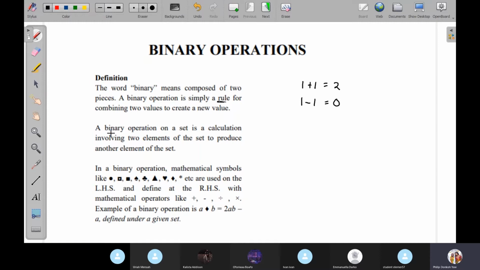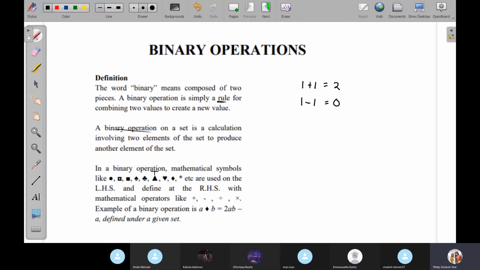So a binary operation on a set is a calculation involving two elements of the set to produce another element of the set. It is simply operations that combine two elements to give you another element within the set or outside the set. That is what we term as binary operations.